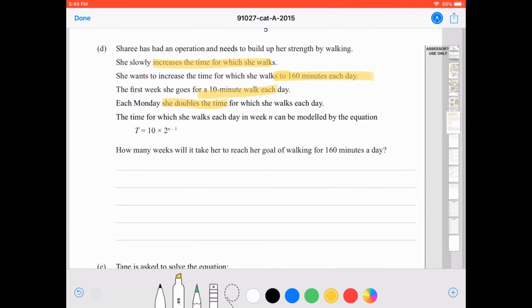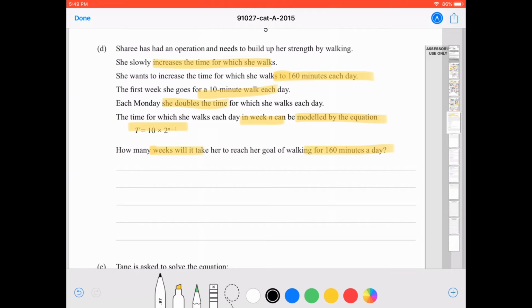The time for which she walks each day in week n can be modeled by the equation. And so after all of that, they've given us this equation, t equals 10 times 2 to the power of n minus 1. Now, the question is asking how many weeks will it take her to reach her goal of walking for 160 minutes a day.